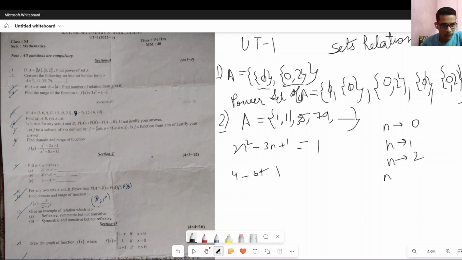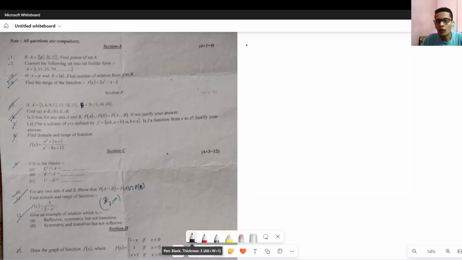That is not required. If n equals 3, then it will be 9 minus 9 plus 1, that will give me 1. Now if n equals 4, 4 square is 16 minus 12 plus 1, that also does not give me the answer. That means the example that we took here does not work. I hope you all got an idea of how we can solve question number 2 or similar problems.